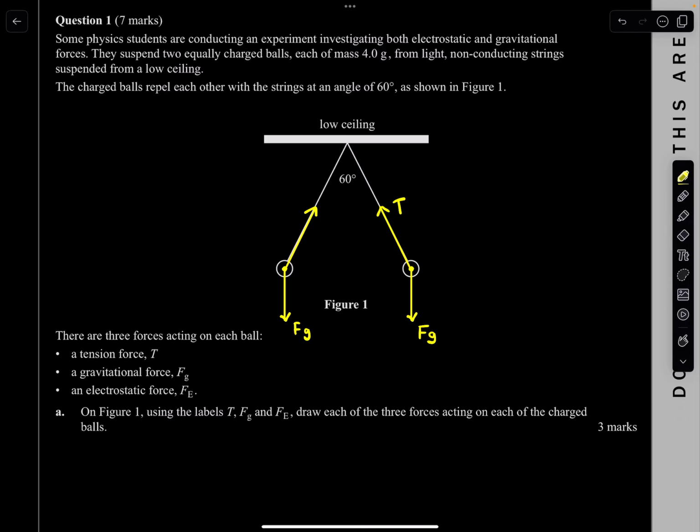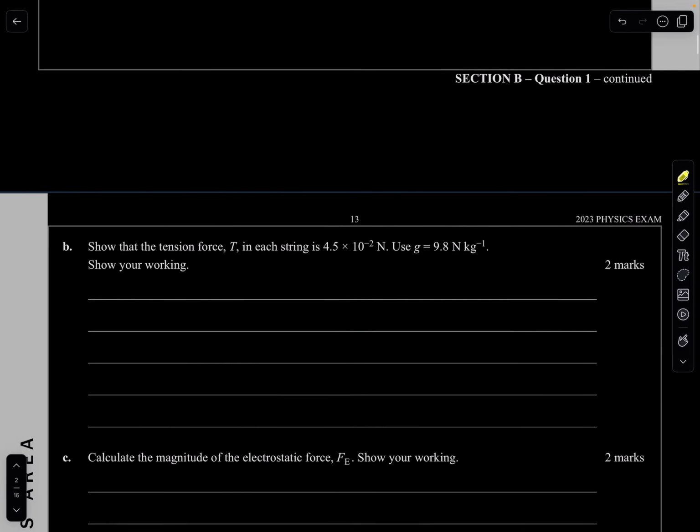Done. And of course they have an electrostatic force like they said, so that will be making them repel. Basically, so repel. And that is it, and that's Fe. That's it. Are we missing anything? Yep. On figure. Beautiful. Next question.